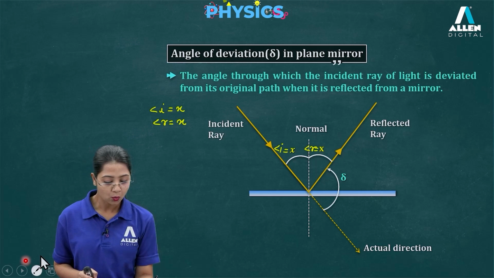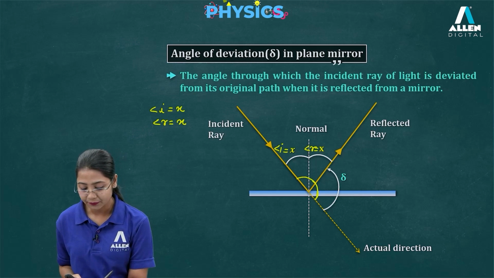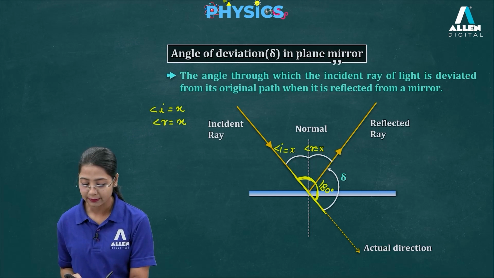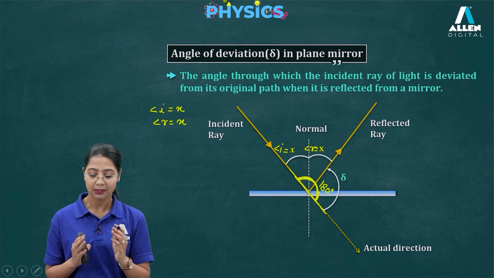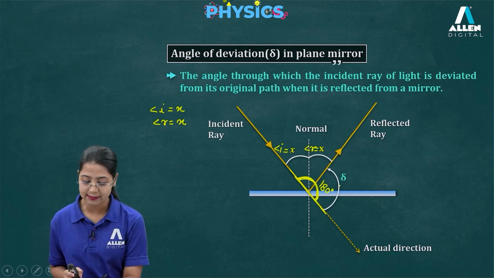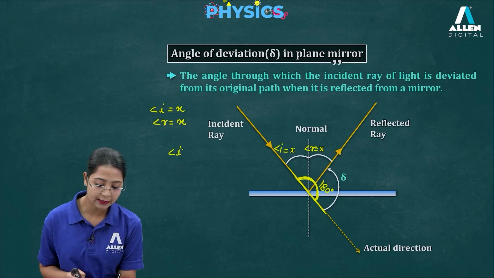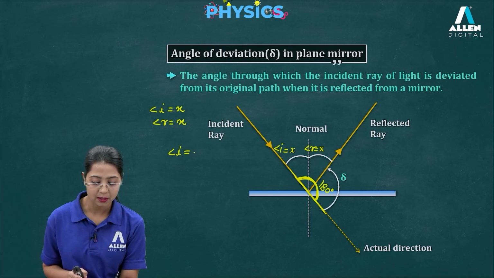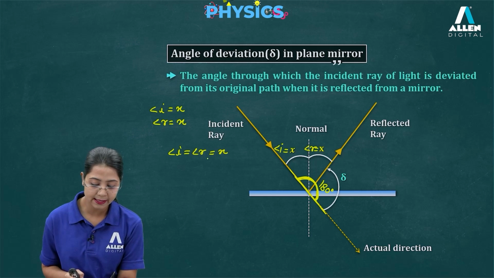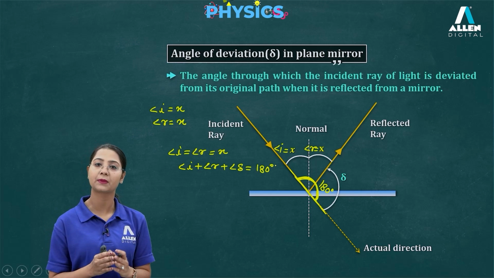Now how will you find this del? We know that the sum of all the angles at this straight line is 180 degree. Now what are the angles? X, X and del, okay. That means angle I is equal to angle R, that is X, and angle I plus angle R plus angle of deviation is equal to 180 degree, right.